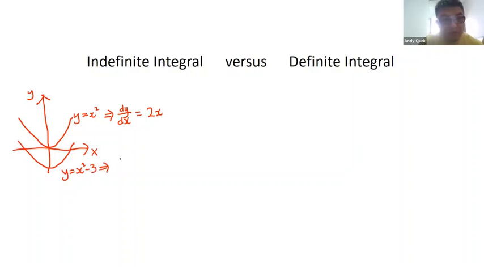When you want to know the gradient at different points on the graph, you differentiate this, and it actually gives you the same derivative 2x. You will see the same thing if you choose something above this. If you have y equals x squared plus 4 and you differentiate it, you will also get 2x.